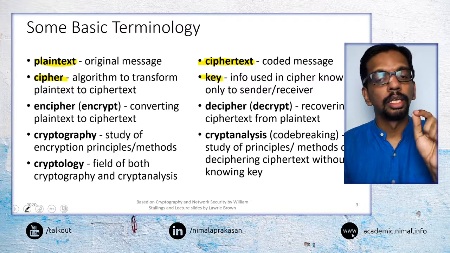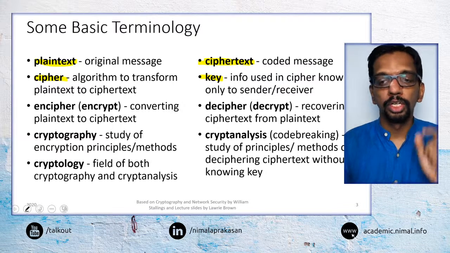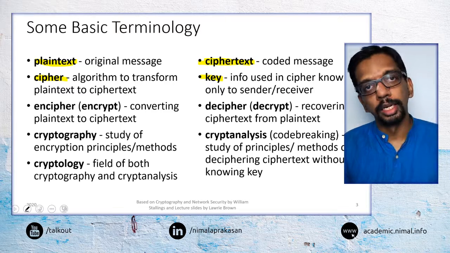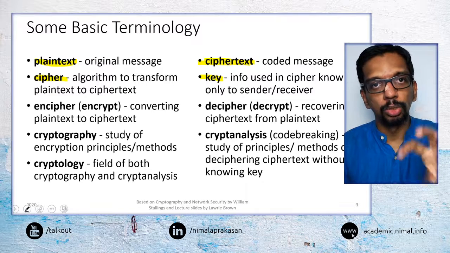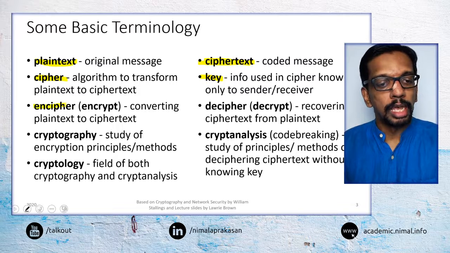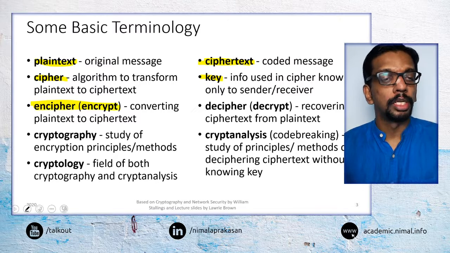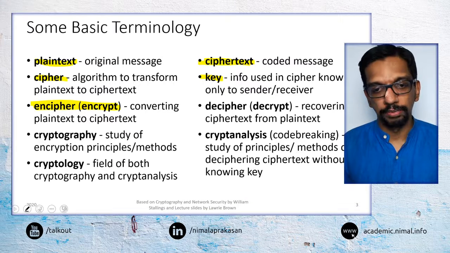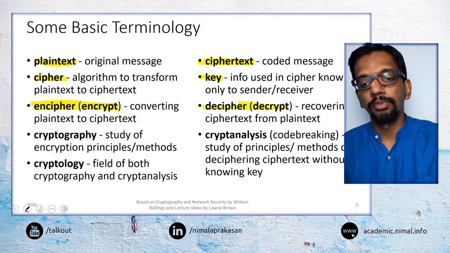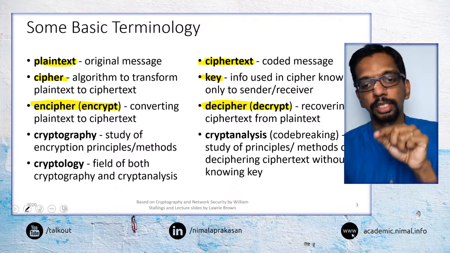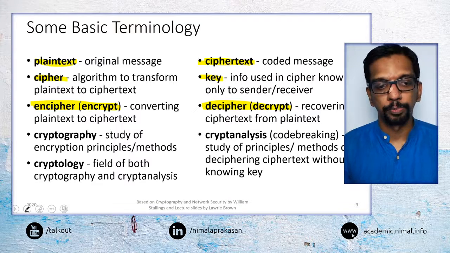That is the input that we need to give to the cipher to either encrypt, to lock the message, or to unlock or decrypt the message. Then encipher or encrypt is the action of converting from plain text to ciphertext, and decipher or decrypt is the reverse, that is converting from ciphertext to plain text.